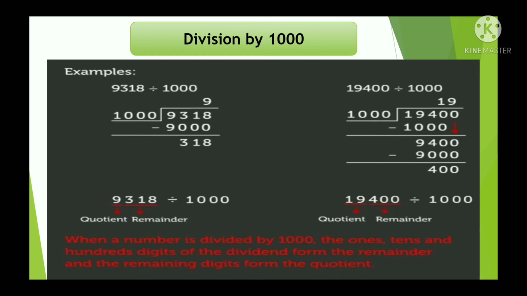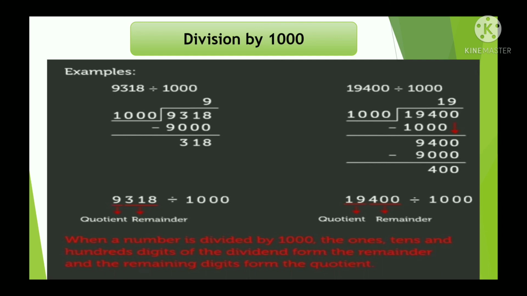Now we'll see division by 1000. Again with some examples I would like to explain. So first example is 9318 divided by 1000, and after division we can see 9 is the quotient and 318 is the remainder. And the second example, 19400 divided by 1000.